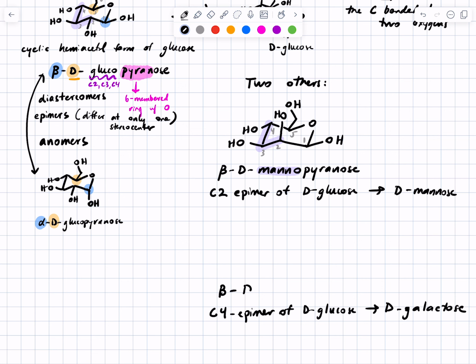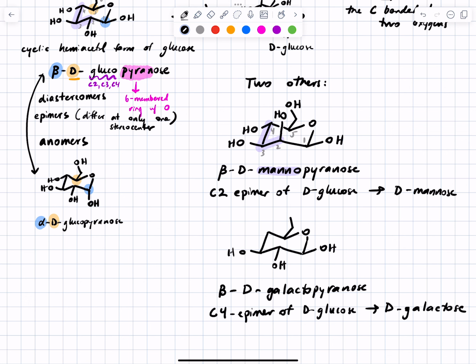I will draw for you beta-D-galactopyranose, which you're going to start out again exactly the same as beta-D-glucopyranose, only we're going to switch the stereochemical configuration at C4. So whereas in beta-D-glucopyranose, C4 was down equatorial, now it's going to be up axial. And again, the galacto tells you that it's the C4 epimer of glucose. All right, so those are the three.